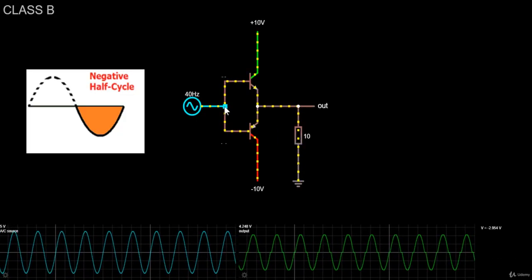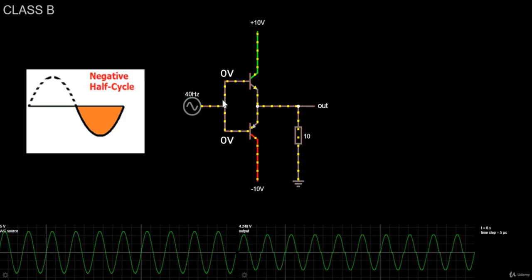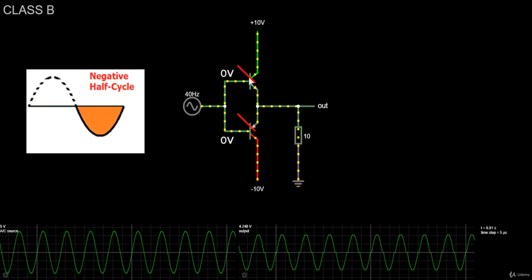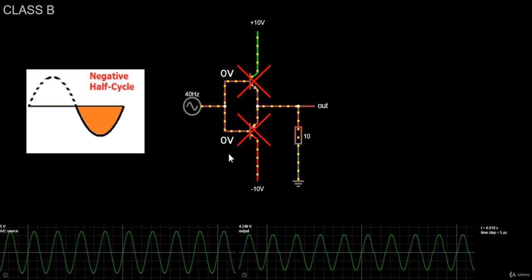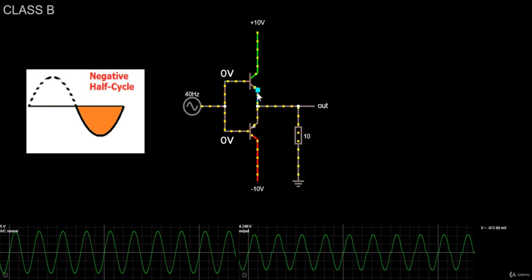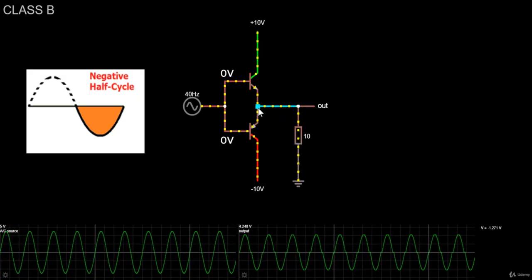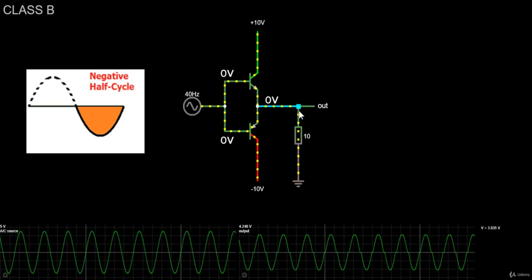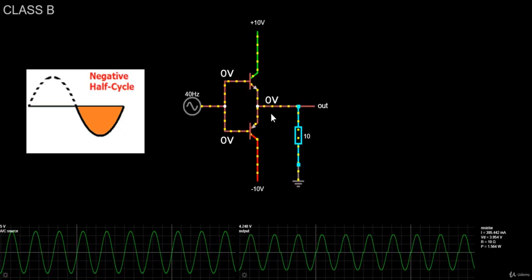Imagine the input signal is at 0 volts right now, and if the input signal is at 0 volts, both transistors are turned off, right? So the emitter voltage of the PNP transistor as well as the emitter of the NPN transistor will sit at 0 volts too, because it is connected to ground through the load.